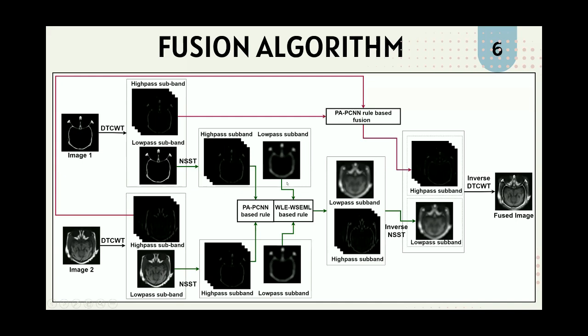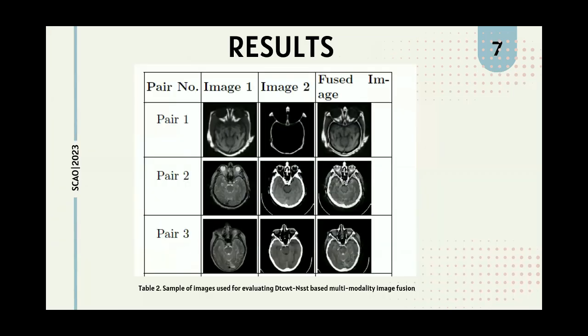Further, based on the rules of PCNN, I convert that again to a low pass subband. After all these things, the inverse transforms are applied, and after the inverse is applied, I get the fused image. So this is how the fusion algorithm works in the paper.